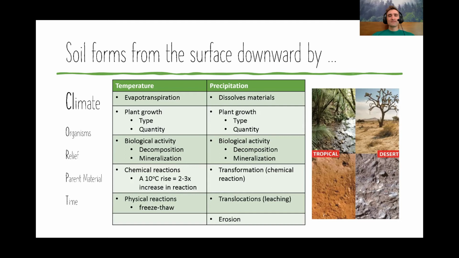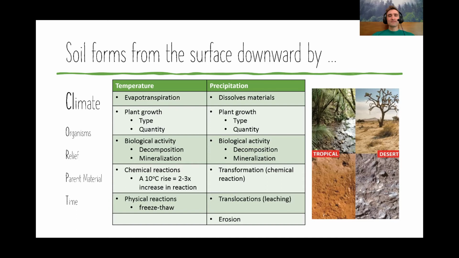That's a natural ecological law called the Q10 rule. As you increase temperature every 10 degrees, all sorts of biological and chemical processes expand. Temperature will also have an impact on freeze-thaw cycles, which certainly will have an impact on the amount of weathering that takes place.